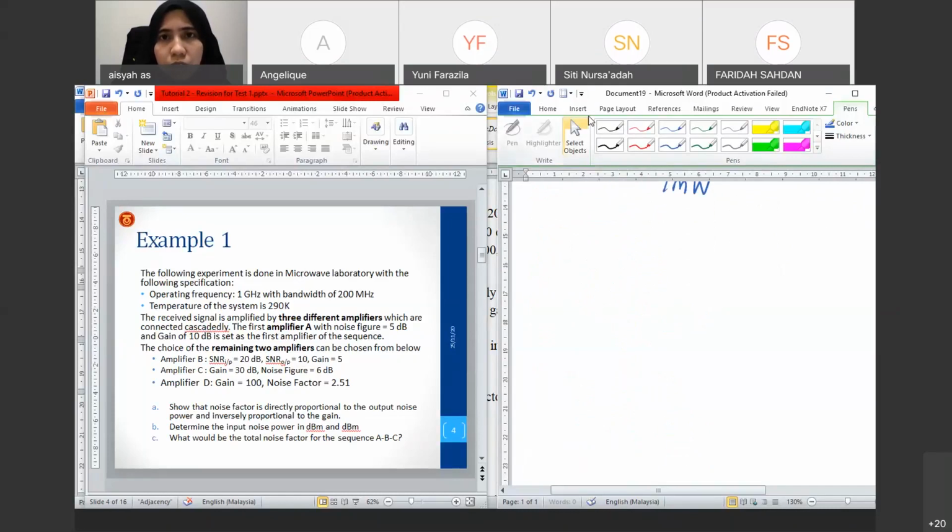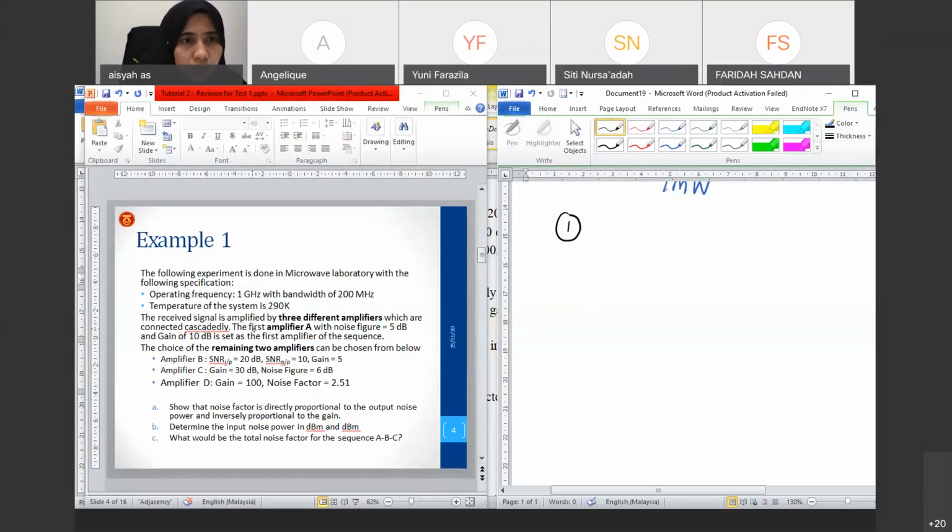Okay, for the first example, we have the experiment done in a microwave laboratory with the following specification. We have 1 gigahertz as the frequency, 200 megahertz as the bandwidth, and temperature 290 Kelvin.